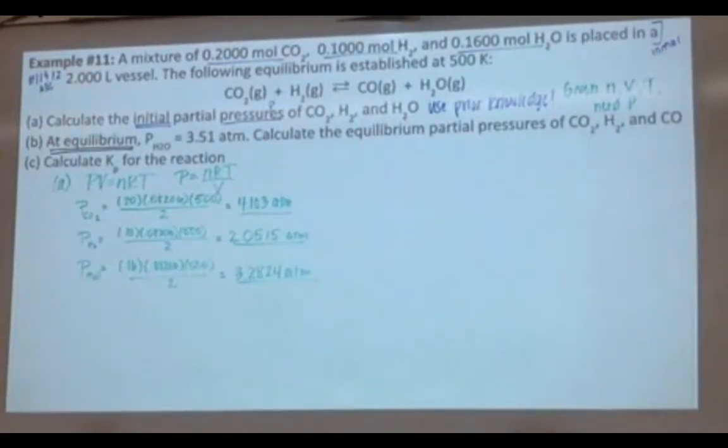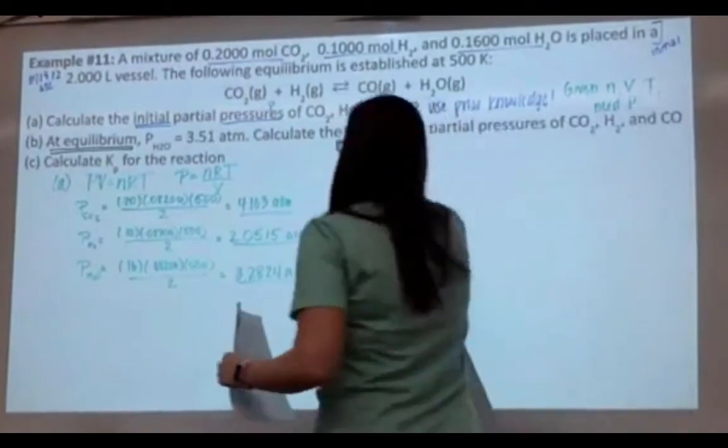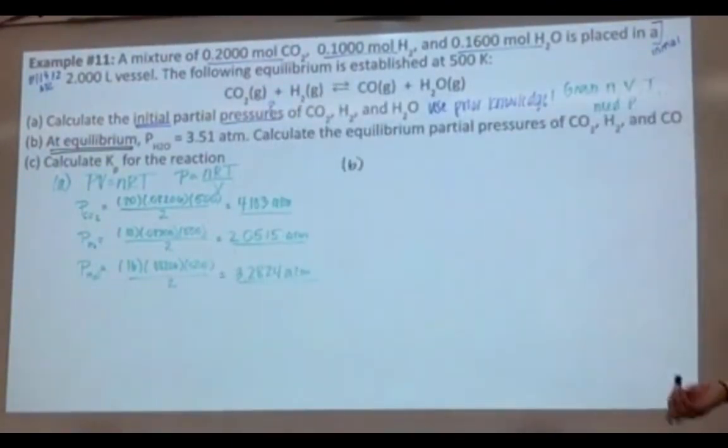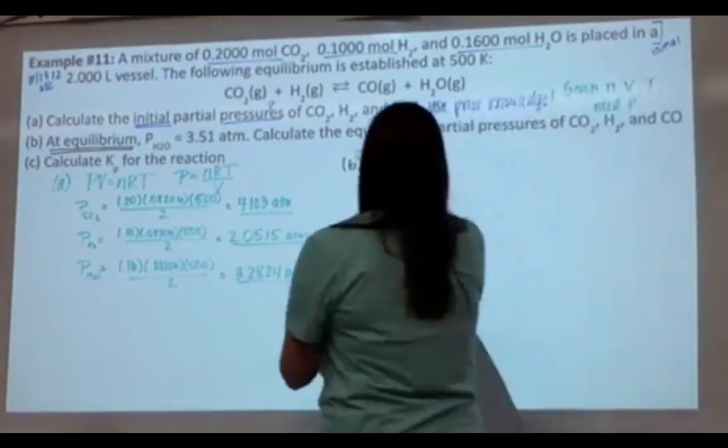So let's look back at part A. Let's remember what we found and what might be useful. I'm going to do part B over here. In part A, we solved for initial amounts. Part B is asking us for equilibrium amounts. Well, remember that initial and equilibrium are part of an ice table.